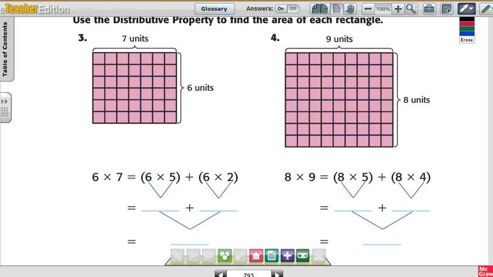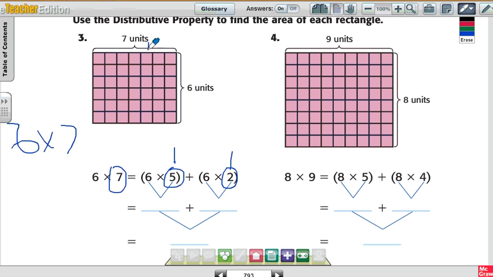So number 3, okay, they took the area of this whole square or rectangle. It's going to be 6 times 7. Okay, and they took 7 and decomposed it into what 2 numbers added together give me 7? Right here, 5 plus 2. So they decompose that number.